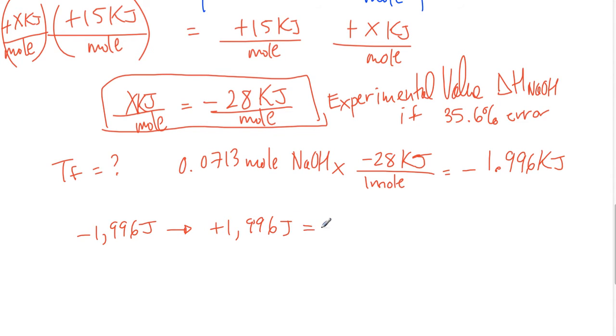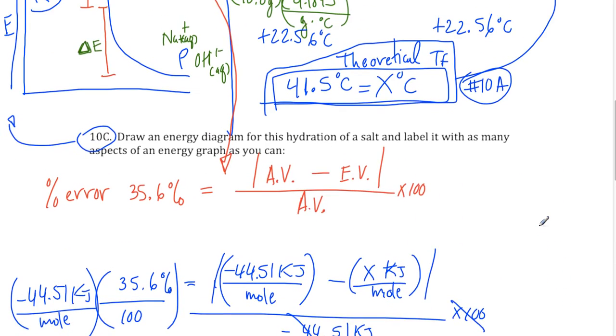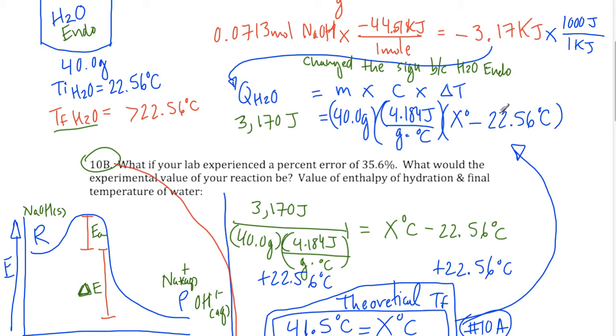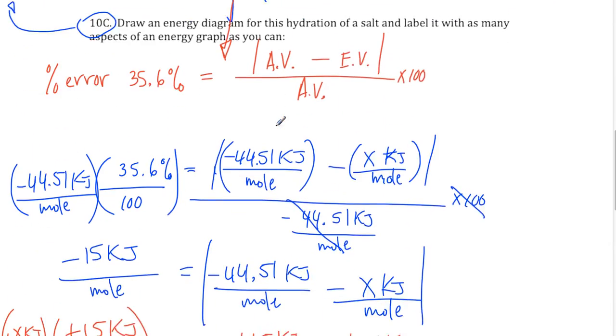I make this into a positive, so I have a positive 1,996 joules, and I set that equal to the 40 grams of water. I have the specific heat of water, and I have the delta T of water. So you're again going to solve for your final temperature when you know the initial temperature was 22.56 right there. Alright, and notice the Q value is smaller because you had error, you lost some heat.